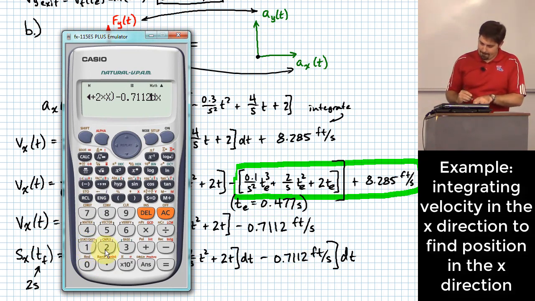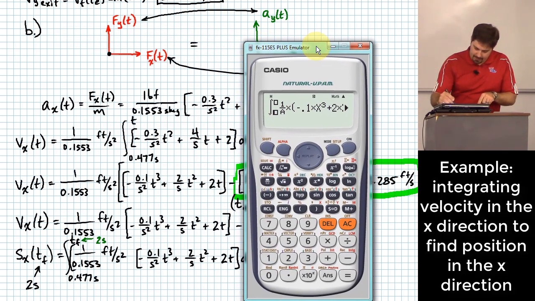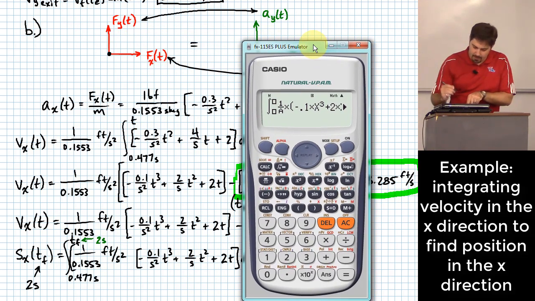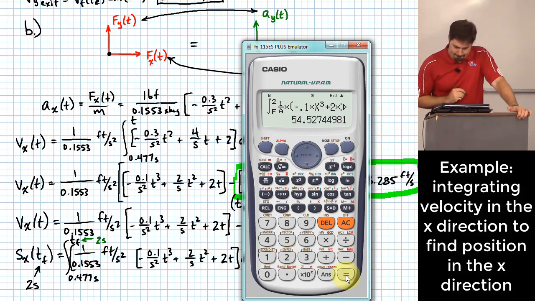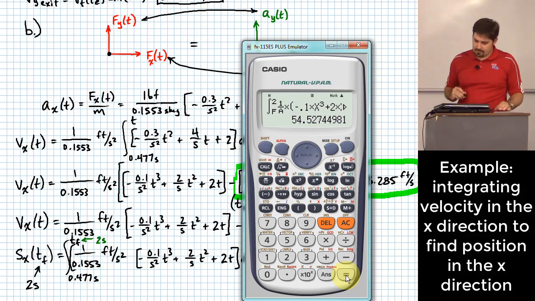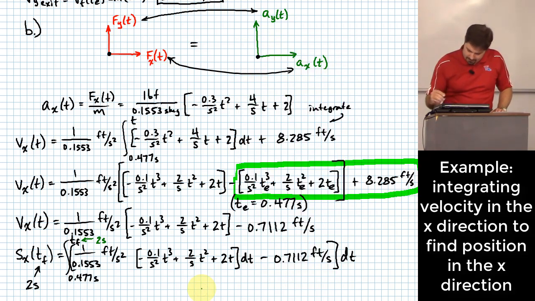I need to integrate this from, I believe I had that exit time, 0.477 seconds. I believe I had that stored in F, and I'm going up to 2. All right. And if I did all that right, it should give me 54.53.